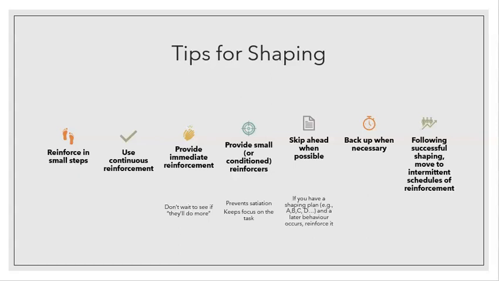Now, another thing I want to talk about is with shaping, we talk about how shaping's used only on novel behaviors, like tricks for your dog or pressing a lever. But you can actually use shaping for other behaviors, even if it's not completely novel. You can use shaping to reinstate a previously exhibited behavior.